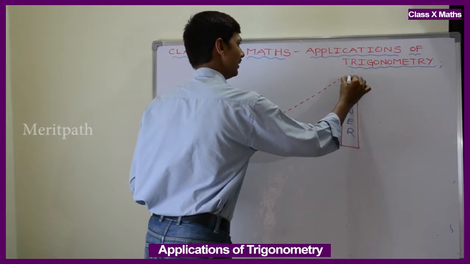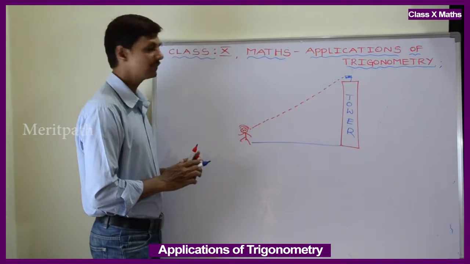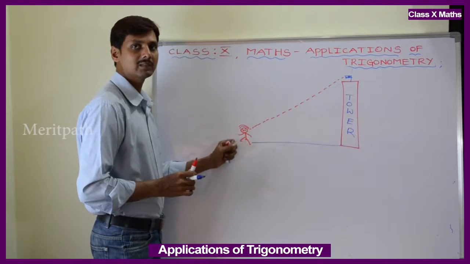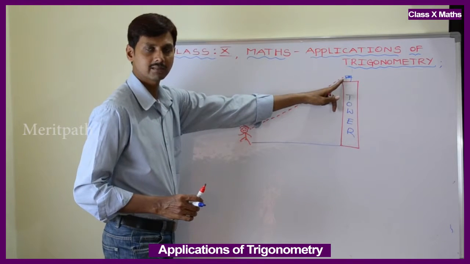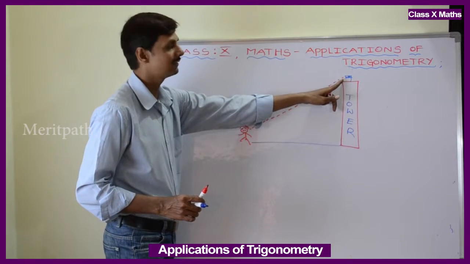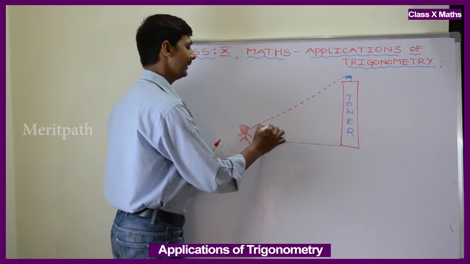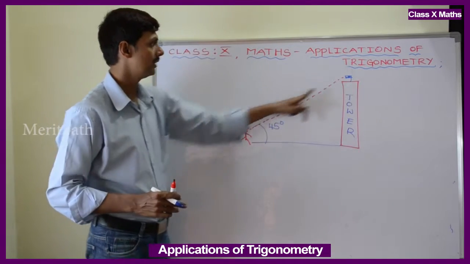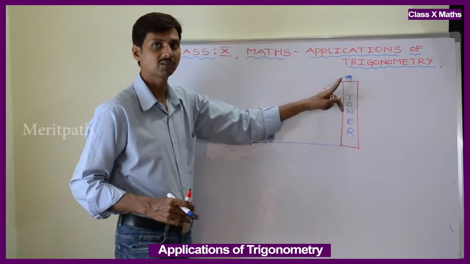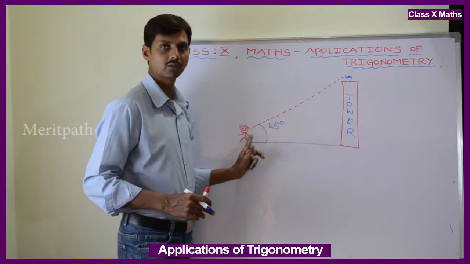There is a flag. He is observing this flag. The angle of elevation is formed because he is observing an object which is above his eyesight. It is called the angle of elevation. Here the angle formed is 45 degrees. The angle of elevation formed with the flag on the top of the tower is 45 degrees.